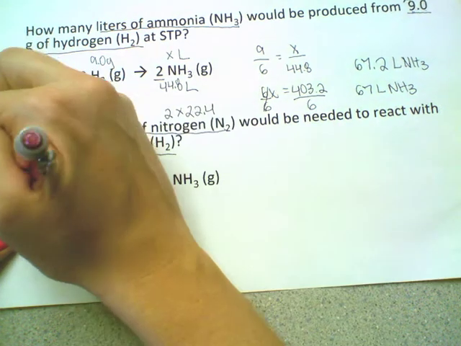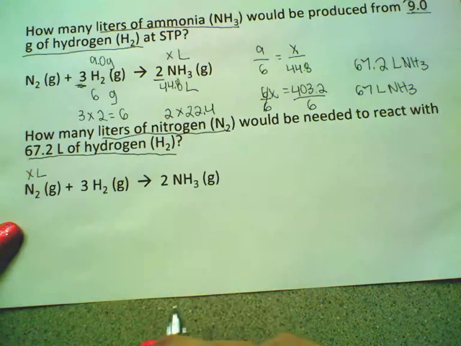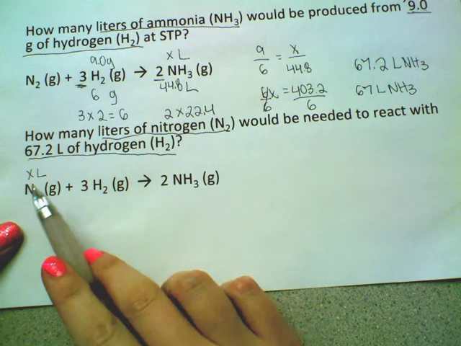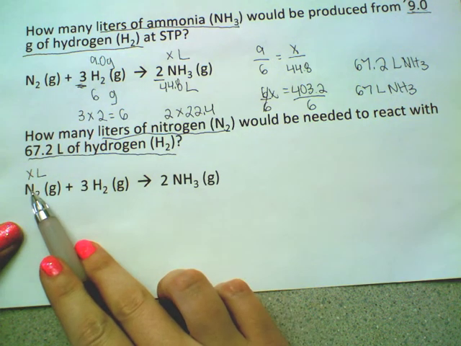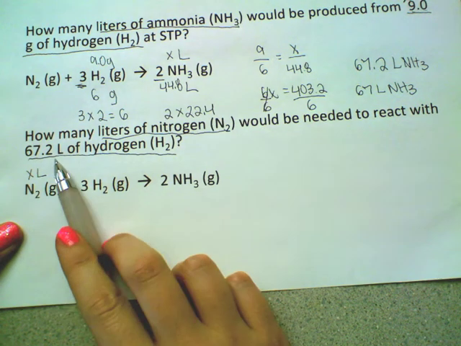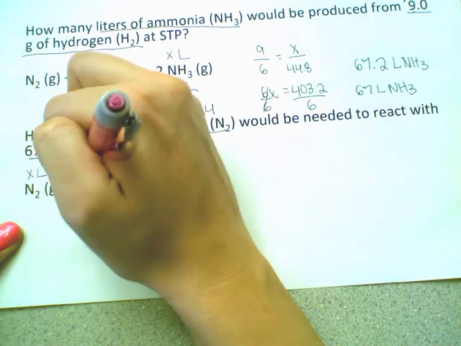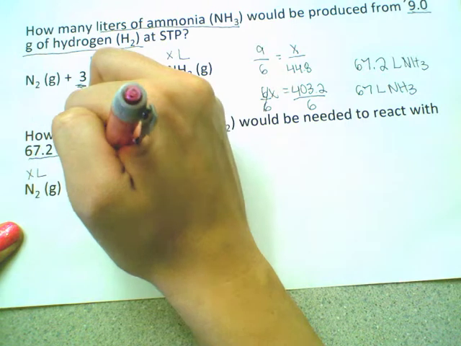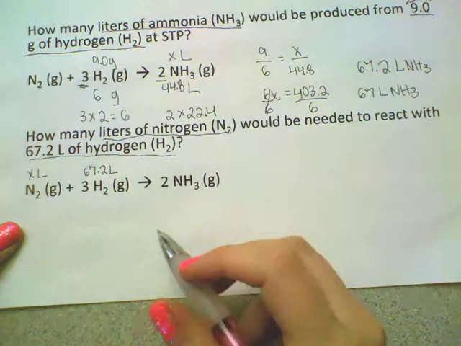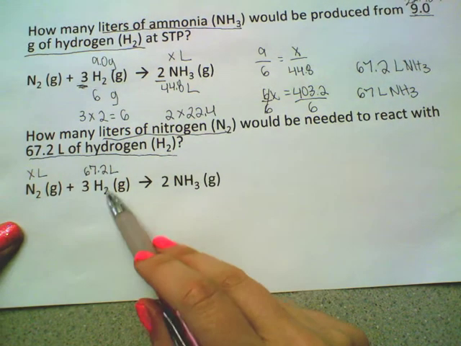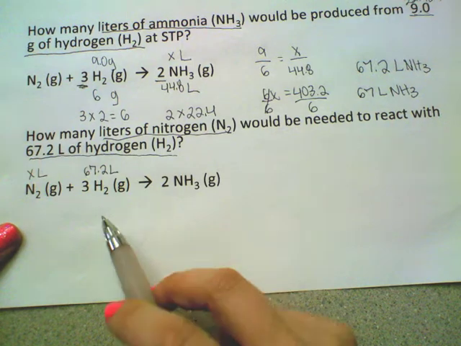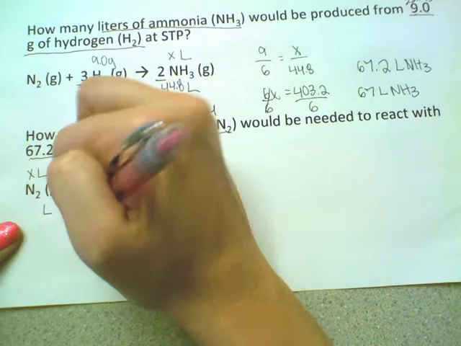So I'm going to go above nitrogen. I'm going to write X liters. I write my given above the molecule that it mentioned, hydrogen. I'm going to bring down my units.